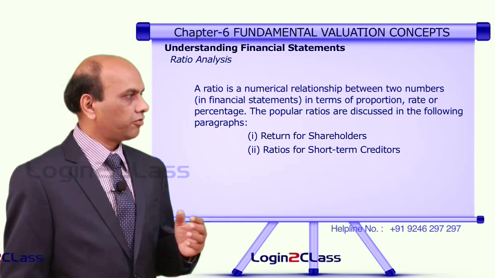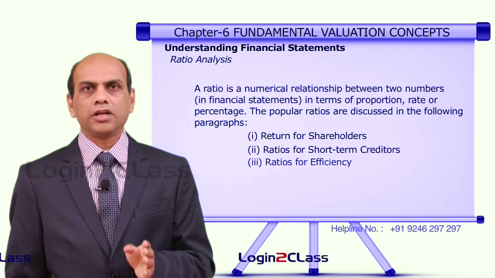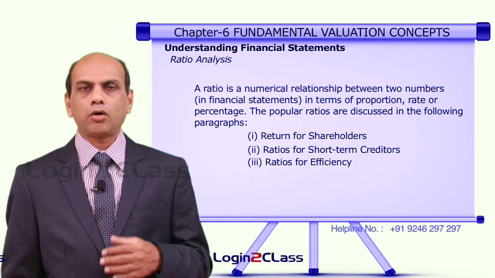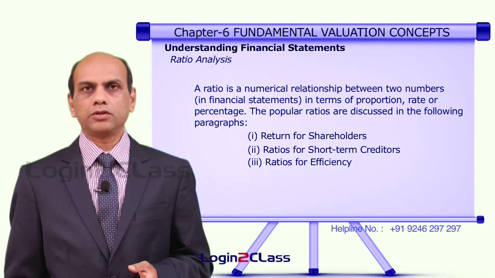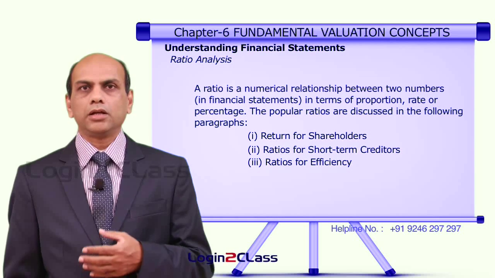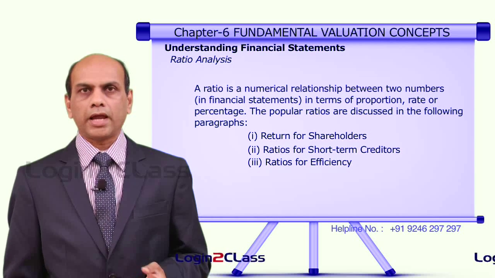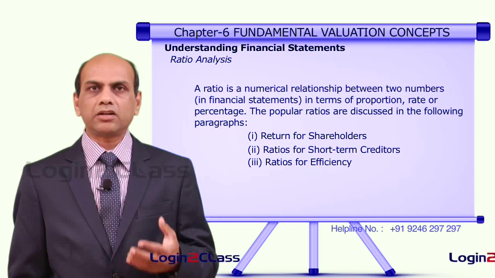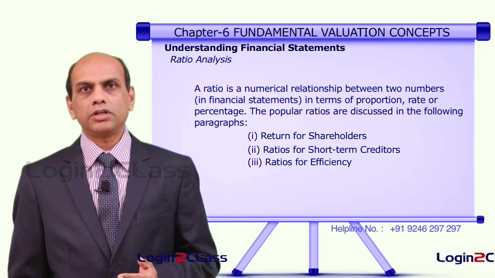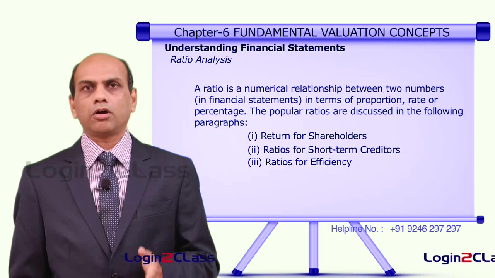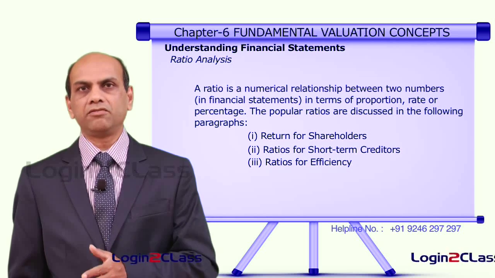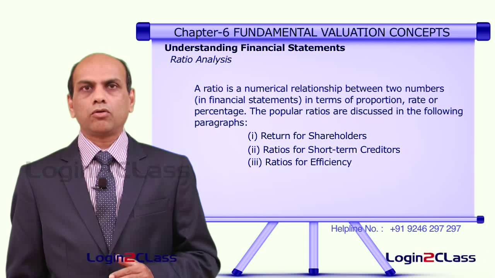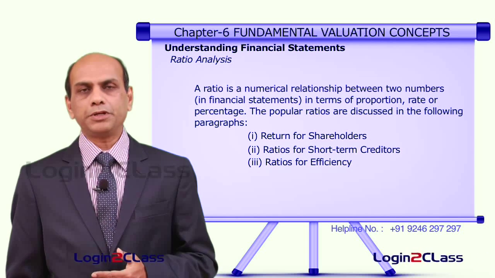The third category of ratios are ratios for efficiency. This will help us to understand how the company is efficiently utilizing its resources, so that we can estimate the strengths and better application of resources of these companies to give better returns, so that the shareholders can be very confident of making good returns on their investments, and even the short term creditors can confidently lend credit to the companies.